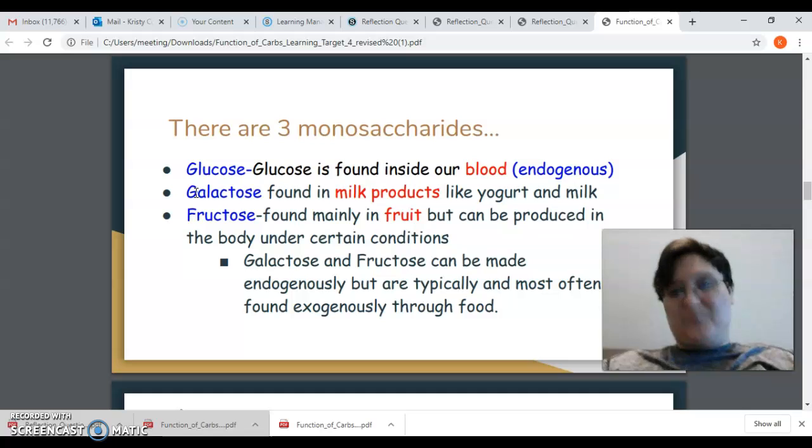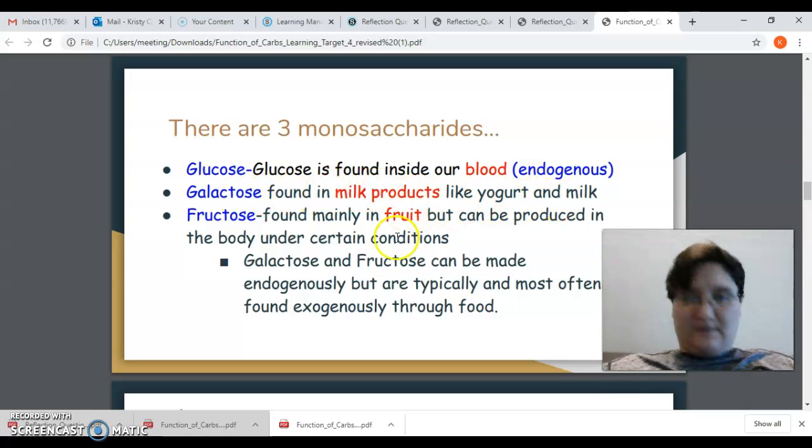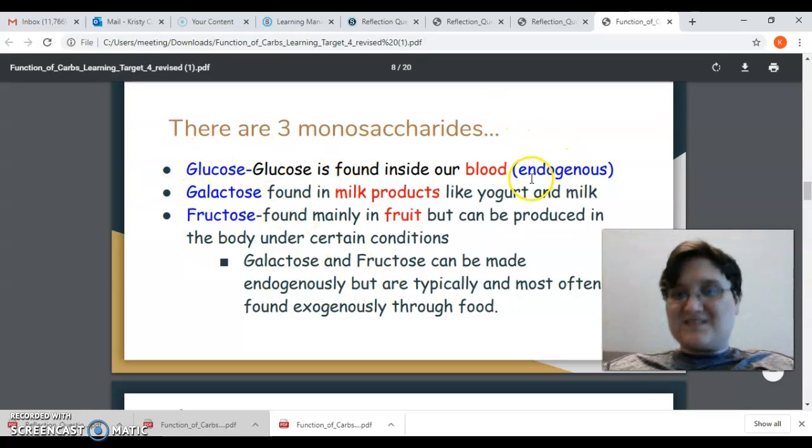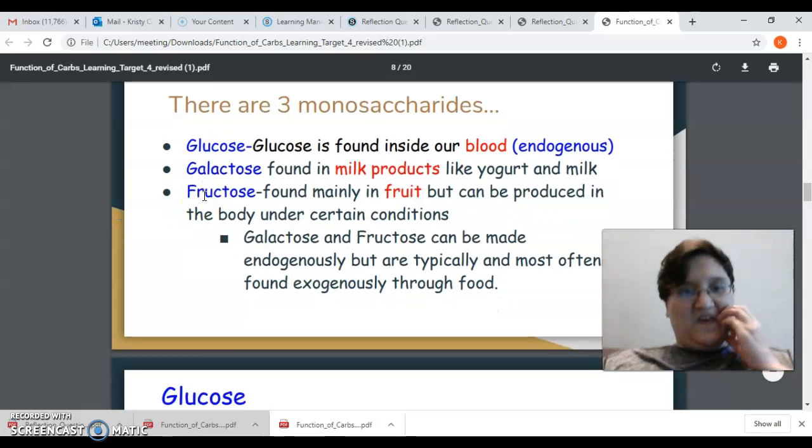Again, our bodies can make it, but it's not as typical. We're typically talking about lactose found in milk products, like milk, yogurt, that kind of stuff. So all three of them can be both endo or exo, but for the sake of this class right now, we're talking blood sugar as endogenous, and we're typically saying fructose and galactose are exogenous.